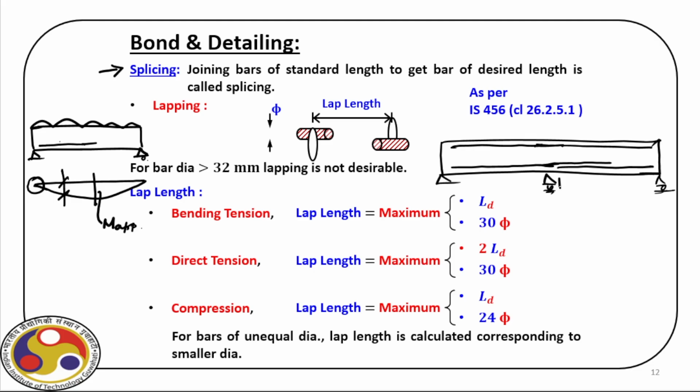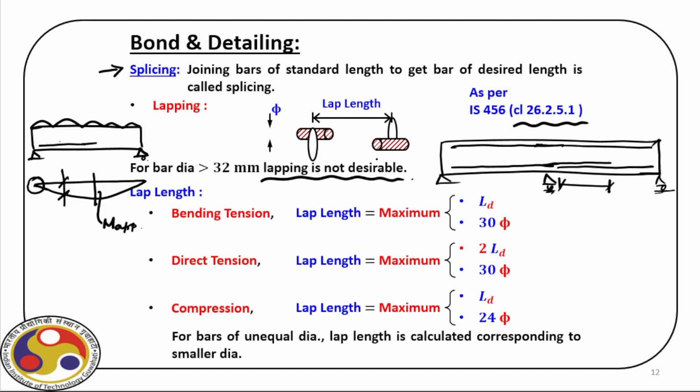So over this length we can lap it. Now, this length is called the lap length. And the clause in IS 456 is 26.2.5.1. And for bar diameters greater than 32 millimeter, lapping is not actually desirable.